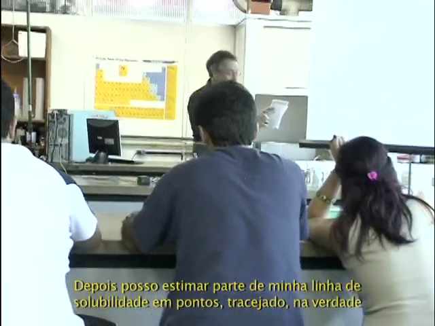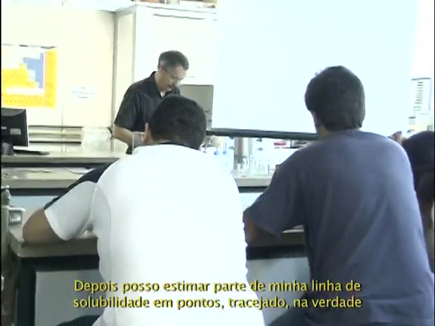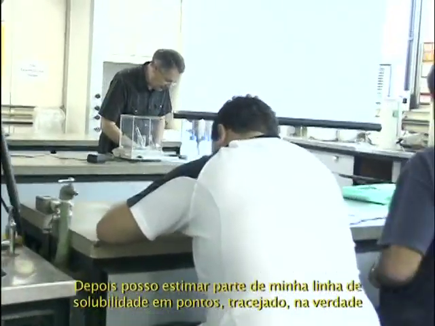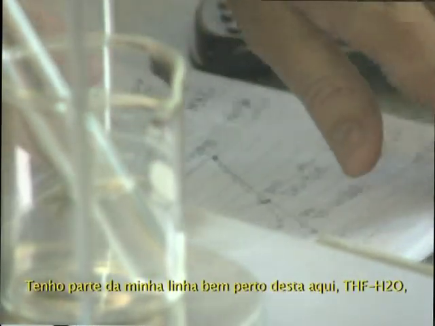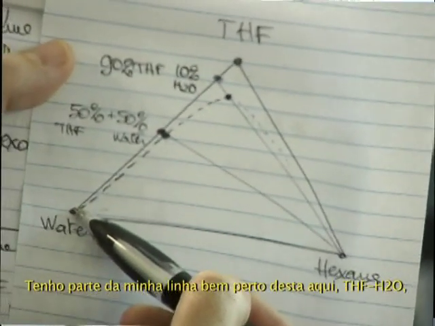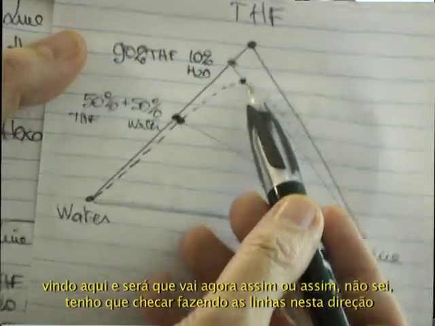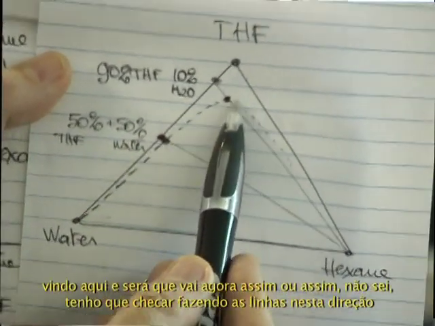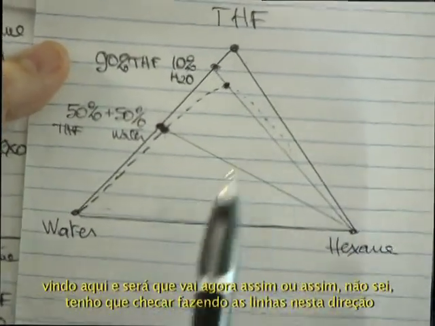Then I can estimate part of my binodal curve in dash actually. I have part of my line very close to this baseline, THF water, going to around here. Is it going this way? I don't know. I should check making line this direction.